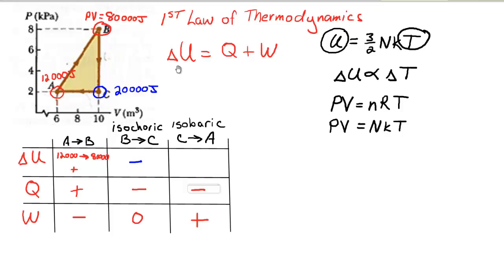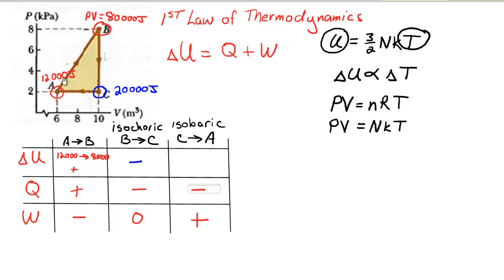Lastly, we've got our change in internal energy from C down to A. We know that our work is positive because we're squeezing the gas. We know Q must be negative, but what happens overall to our internal energy? Well, if you look at this process, and we saw what happened, we had to remove heat.